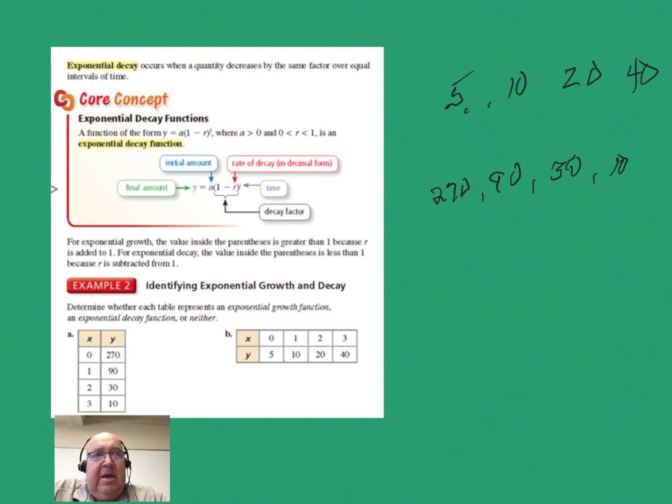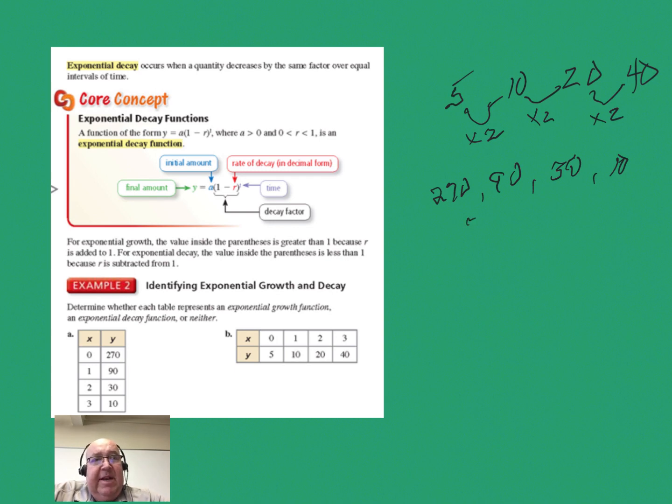Okay, so we look at the first one. We can see that that's growing by multiplying by 2 times 2 times 2. So that is a growth factor of 2, so that would be an exponential growth function.